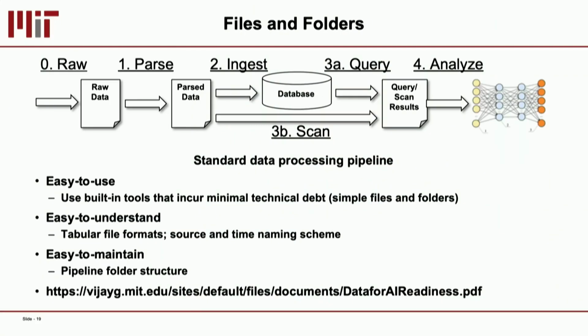AI requires a lot of data, which means often thousands or millions of files. Having good schemes for naming them really helps you and helps share the data amongst people in your team. They can just look at the folders and files and understand what's going on. And again, this folder structure is very easy to maintain, doesn't require any special technology, and anyone can look at it.